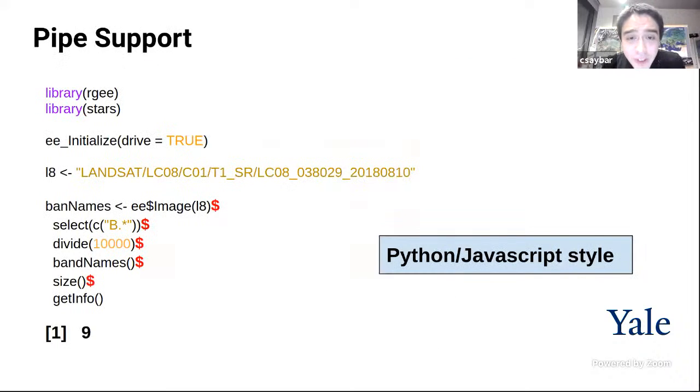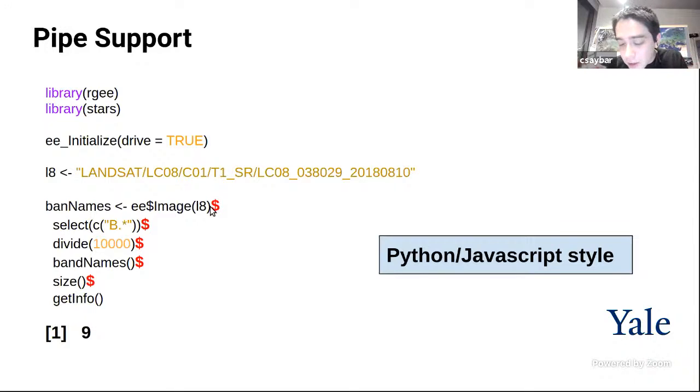Another important point that I see people don't use when using RGE is that RGE right now also supports Python. If you are probably using Python or JavaScript, the style to chain different methods is through a dot.